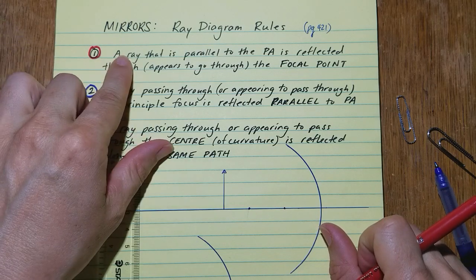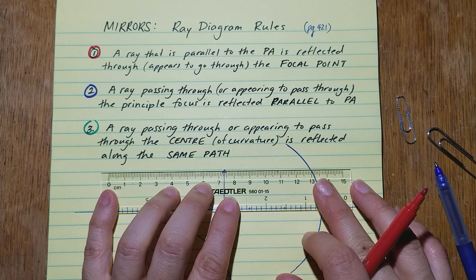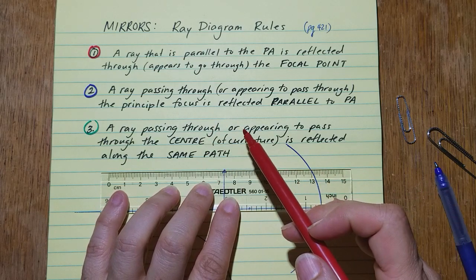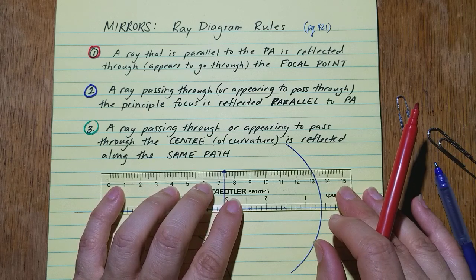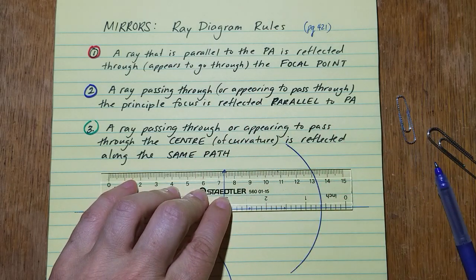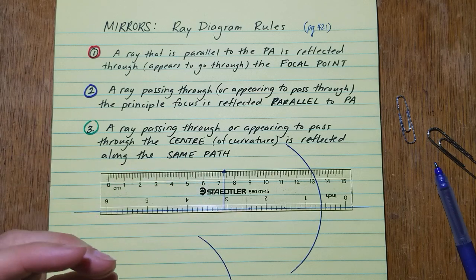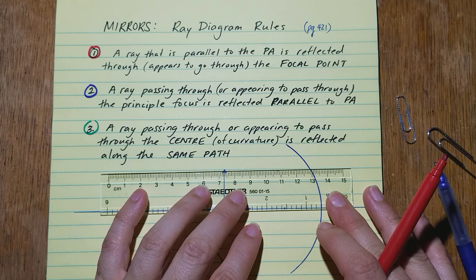The first ray: a ray that is parallel to the principal axis is reflected through or appears to go through the focal point. Now, the "appears to go through" and all the stuff kind of in brackets after has to do with different situations or diverging mirrors, convex.